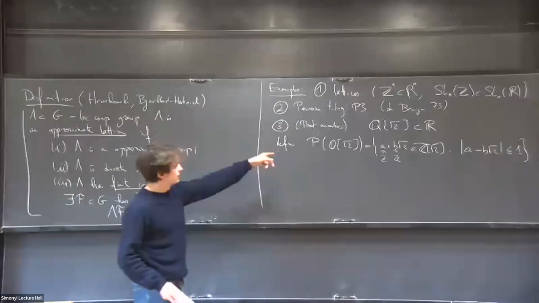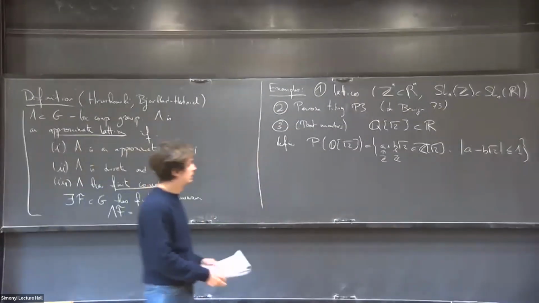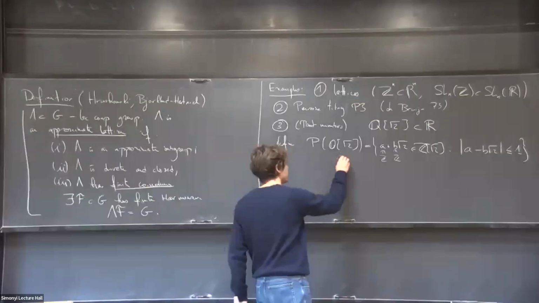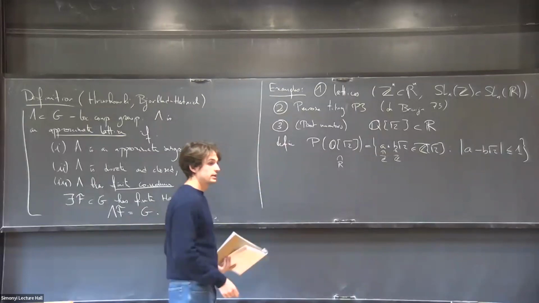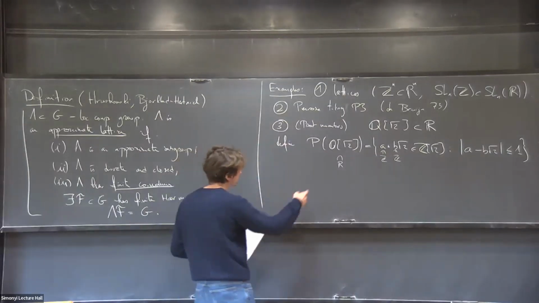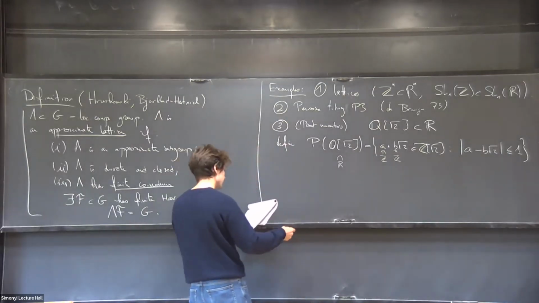And this is an approximate lattice in R. If you look at that in R, it's a subset of this. It's an approximate lattice there. That's for the additive structure on R.